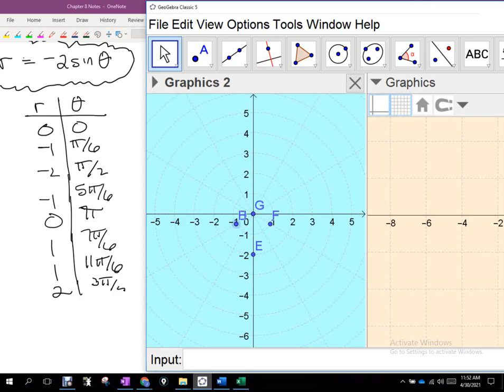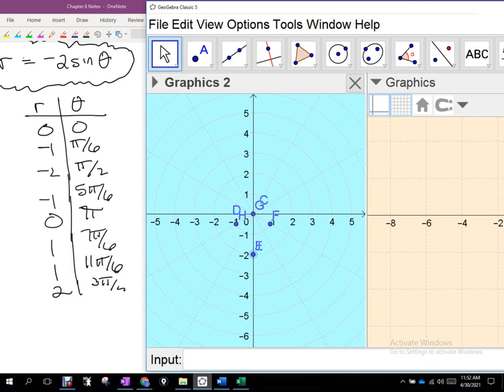Okay, so we're seeing some repetition here. (1, 11 pi over 6). And then (2, 3 pi over 2). Should be another one we already have. So we get those, which is fine.